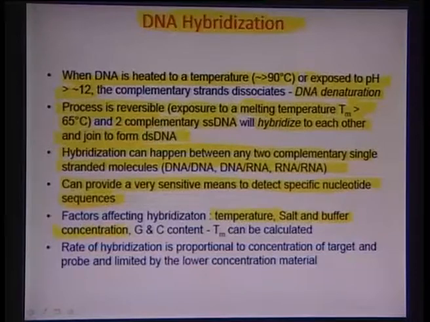There are several factors which affect this hybridization process: variation in temperature, salt and buffer concentrations, and the guanine cytosine content are some of the things which would vary the hybridization property. Logically that makes sense, because the more cytosine and guanine, the more triple hydrogen bonds.